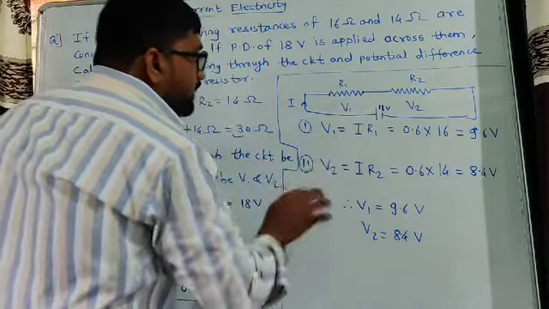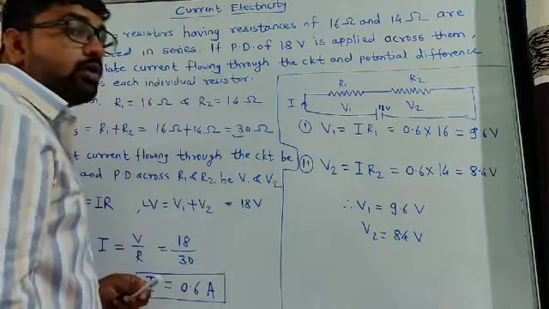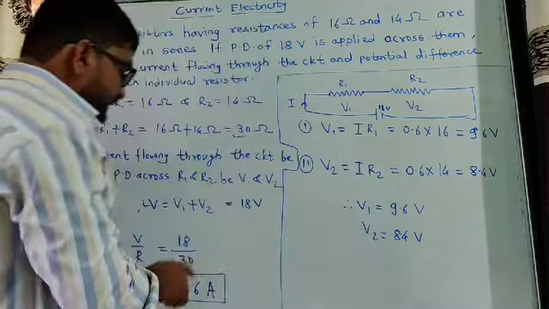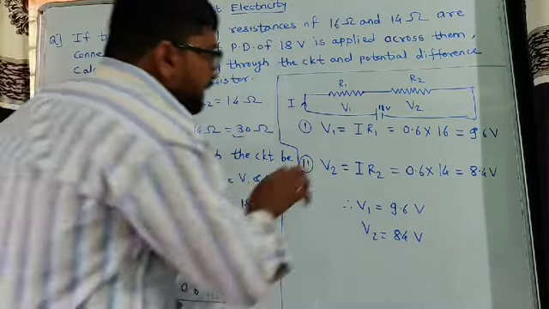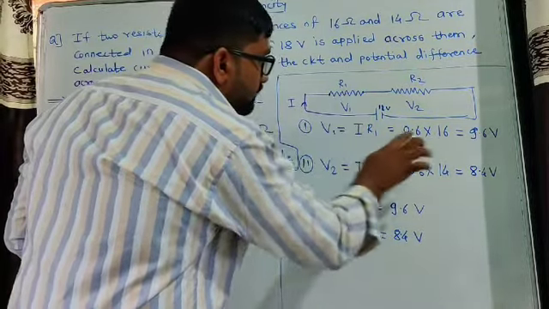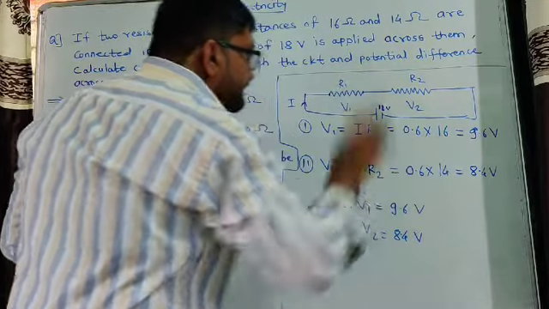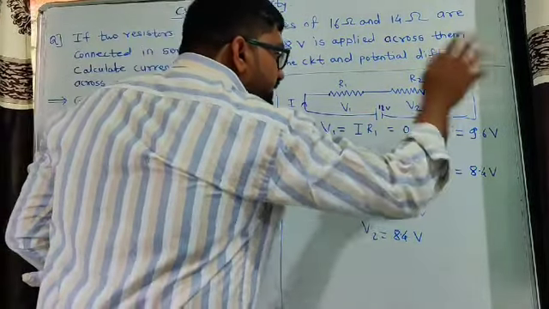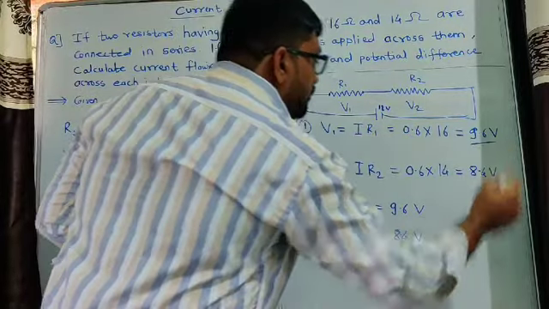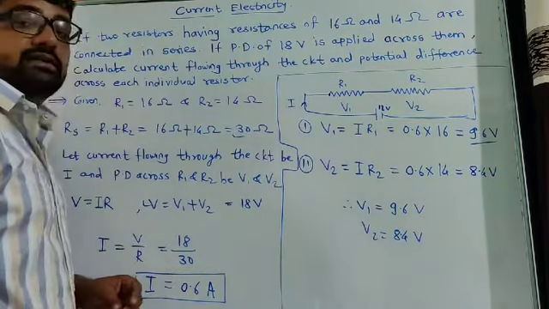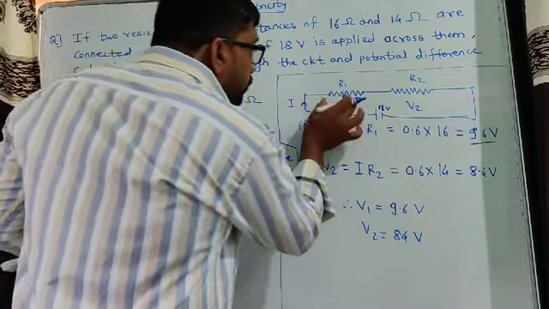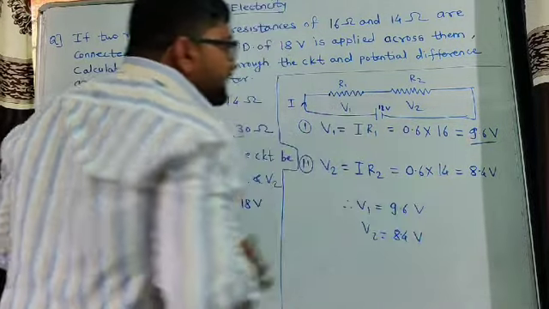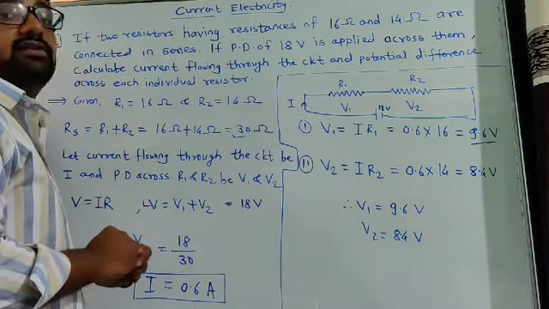So V1 will be equal to I into R1. I is 0.6 ampere, then the resistance R1 is 16 ohm. So 0.6 into 16 is equal to 9.6 volt. So the potential difference across this first resistor is 9.6 volt.